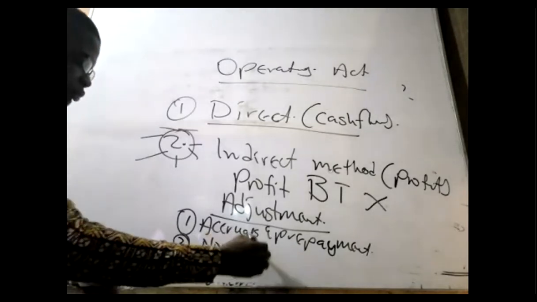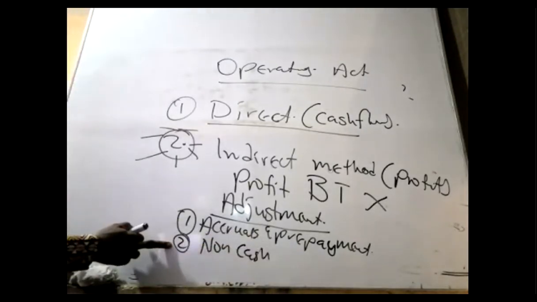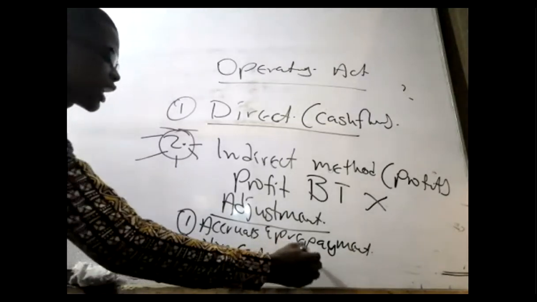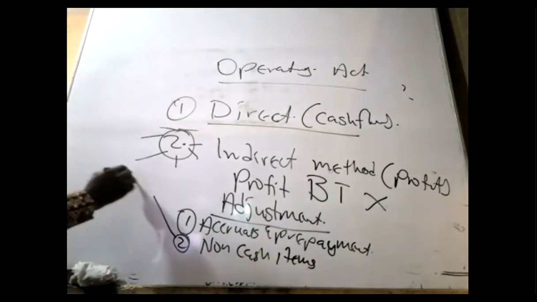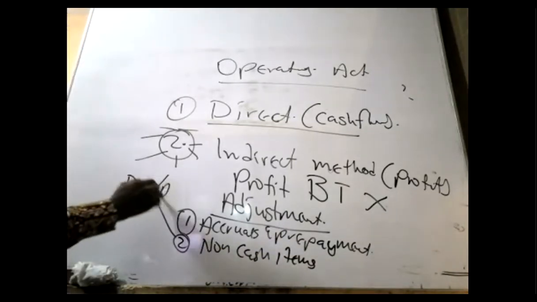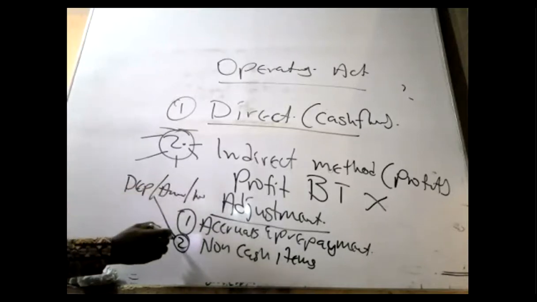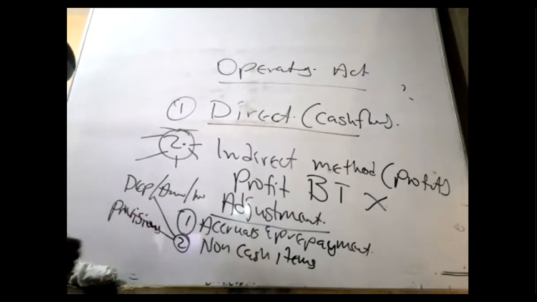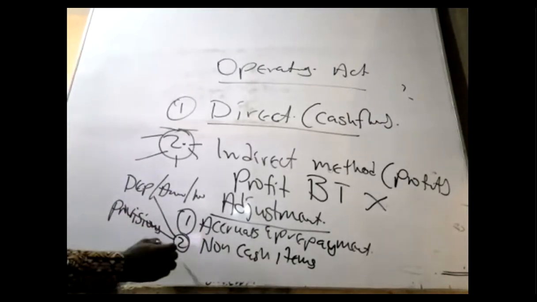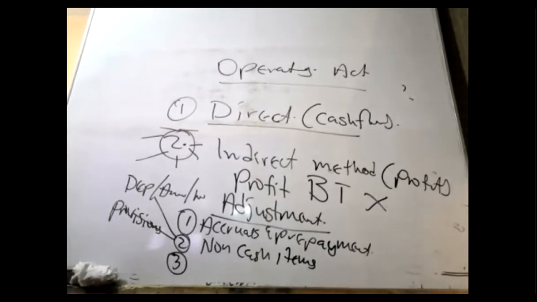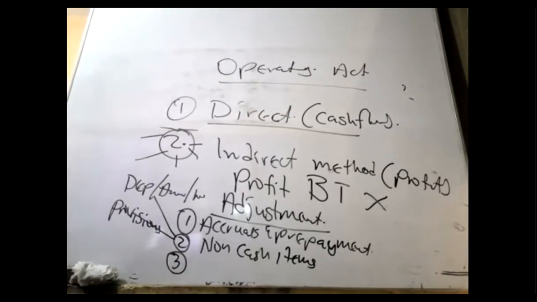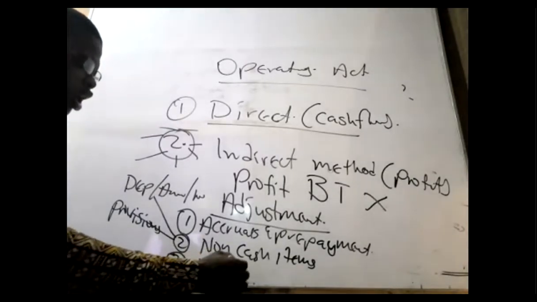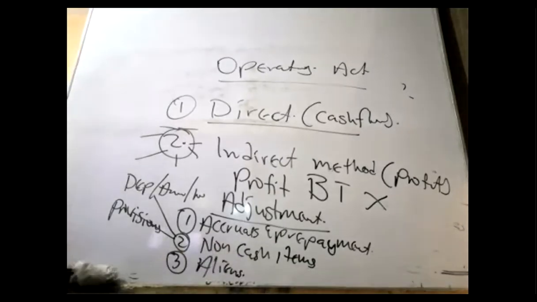I need to adjust non-cash items. Examples: depreciation, almighty; amortization; impairment; another one, provision. And then the last one that you need to adjust is the alien, the stranger.